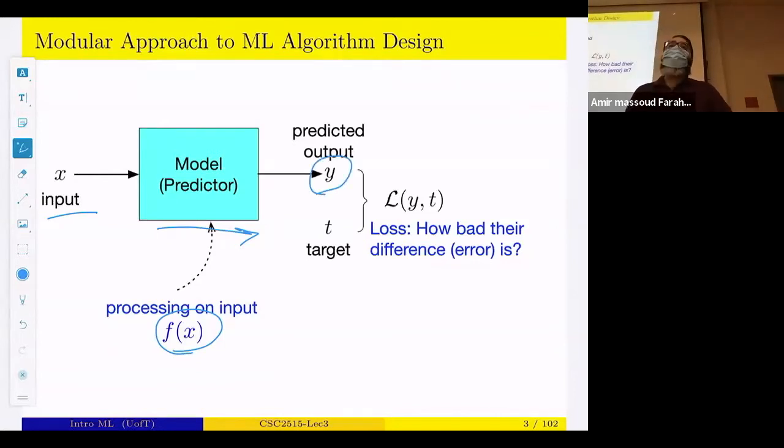And then we have to measure the quality of our prediction y with some targets. Remember, we are in the supervised learning setting, so we know the target. The way to measure it is through some notion of loss, which says how close or similar or different this y and t are. And we will see that depending on the choice of problem, we have to choose different types of loss functions.